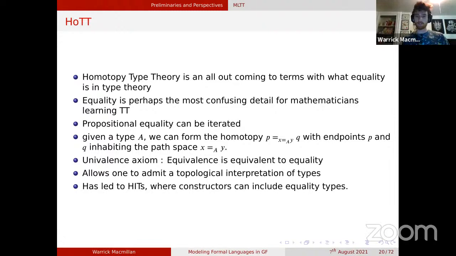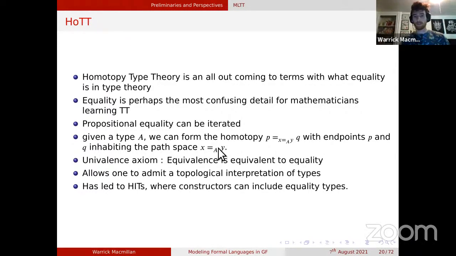And this is a very confusing detail for mathematicians trying to learn type theory because they see computation as something innate. But the whole idea of homotopy type theory is that by distinguishing those, you can see the propositional equality types as topological spaces. So you can iterate them.